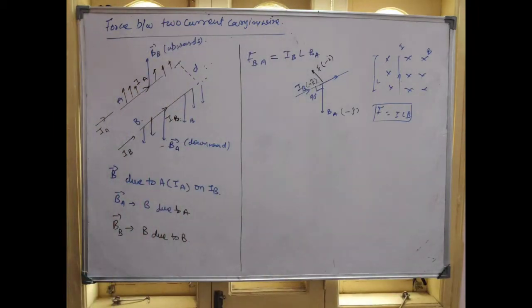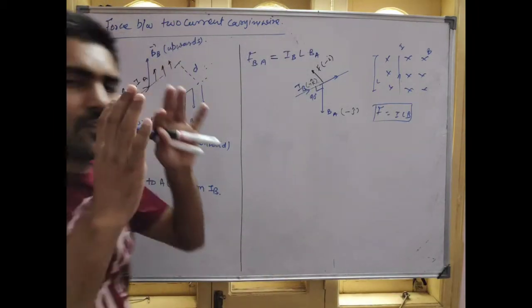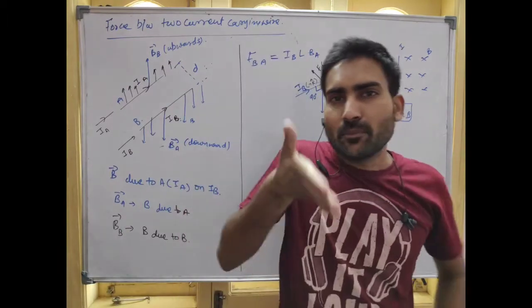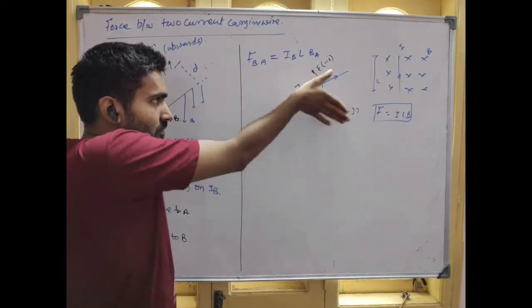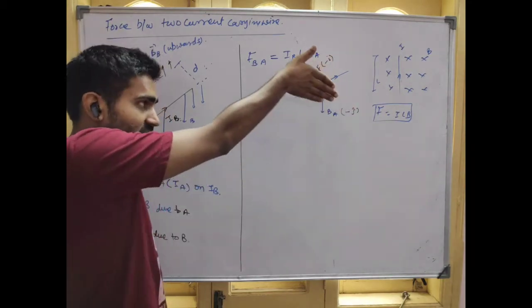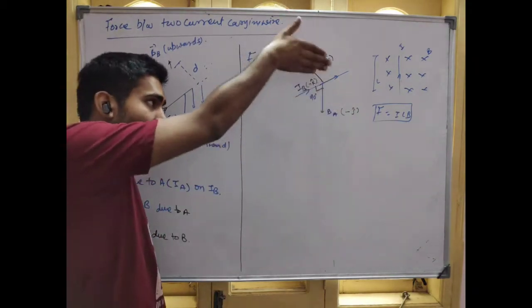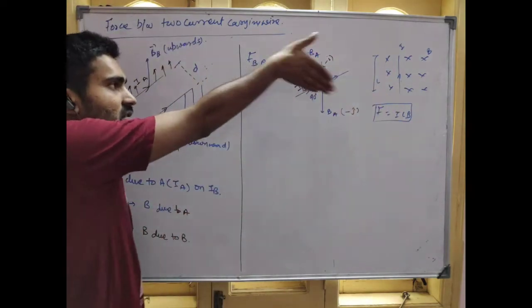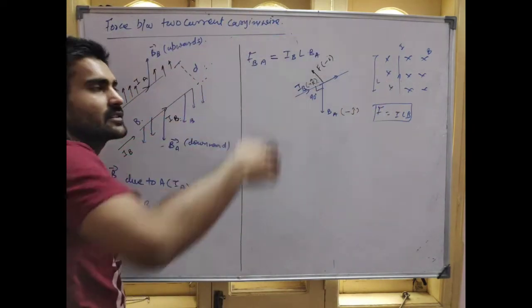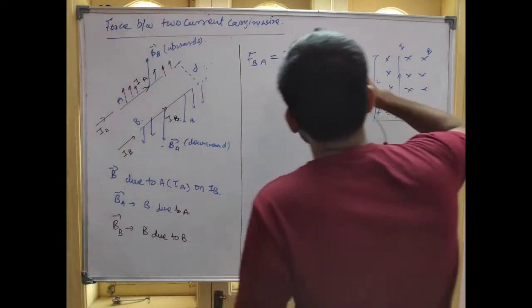See, you can just find out the direction of the force by the palm rule also. Place your finger in the direction of the current. Stretch your fingers in the direction of the magnetic field. So it will be like this, right? So where is the direction of the force? It will be in the x direction. Is the point clear? Tell me.